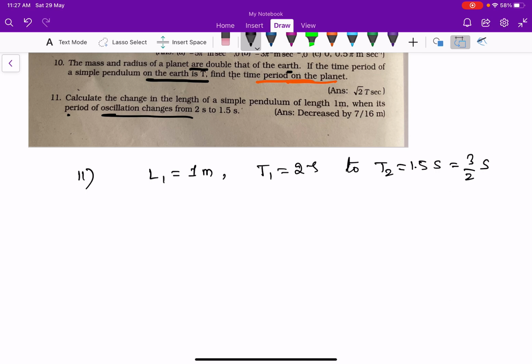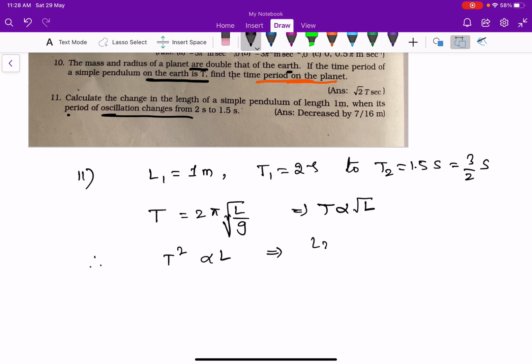Okay, we know time period T is equal to 2 pi root L by G. That means time period is directly proportional to root L. Therefore, here T square is directly proportional to L.